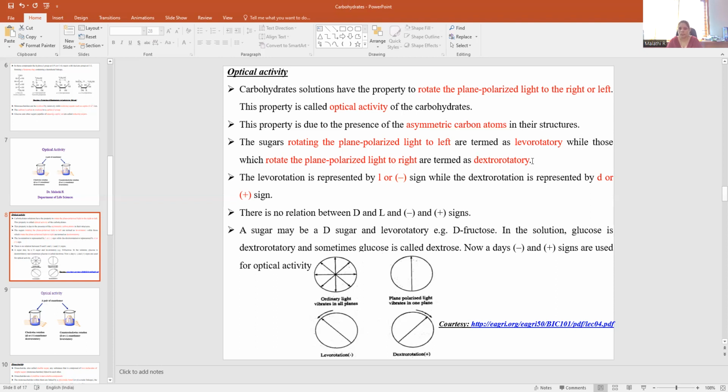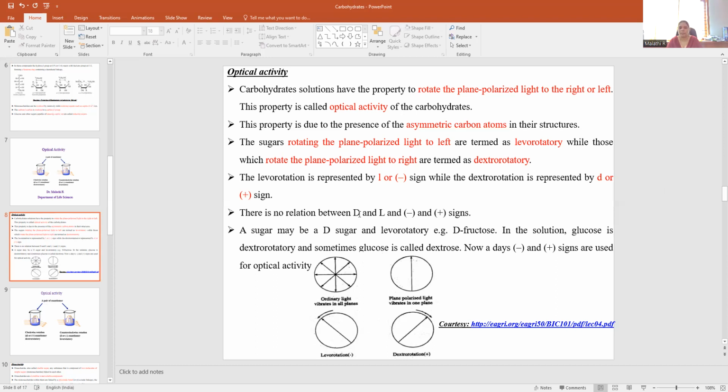These dextrorotatory sugars are denoted by small d or a positive sign. Most of your glucose and fructose will be rotating the plane of polarized light either to the right or to the left. Based on the rotation, it will be denoted as small l or small d, or plus or minus sign.